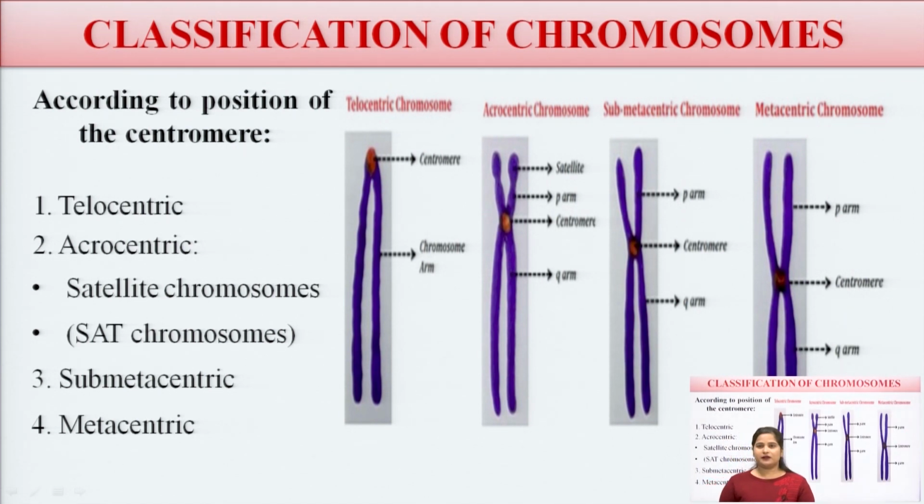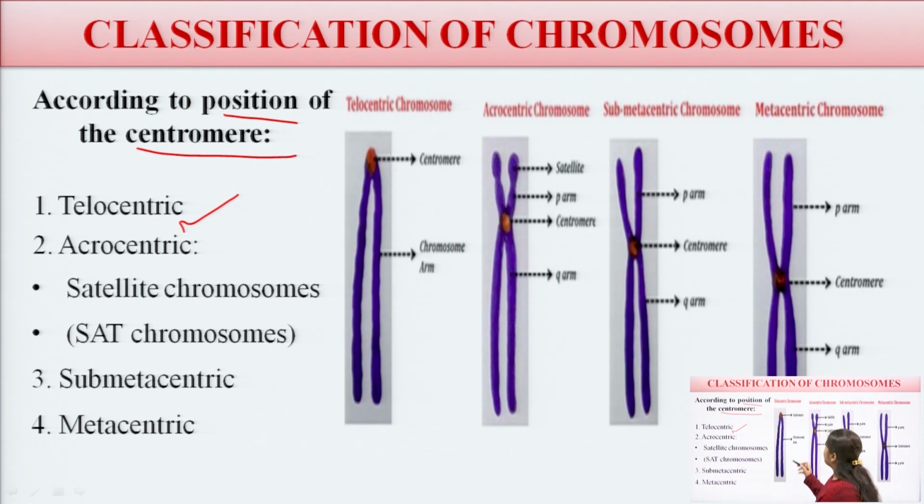Now, there are some classifications of chromosomes. The classification is according to the position of the centromere, meaning whether the centromere is present in the center or towards the end of the chromosome. So, it is divided on that basis. First is the telocentric, where the centromere is at the tail end.